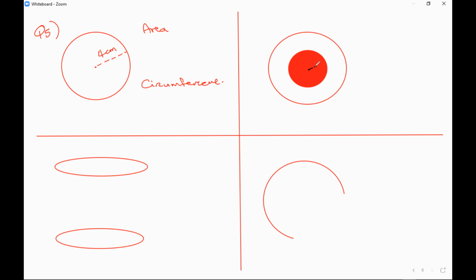I'm told that this inner value over here is 8 centimeters. And I'm also told that the radius running across all the way outwards is 6 centimeters.